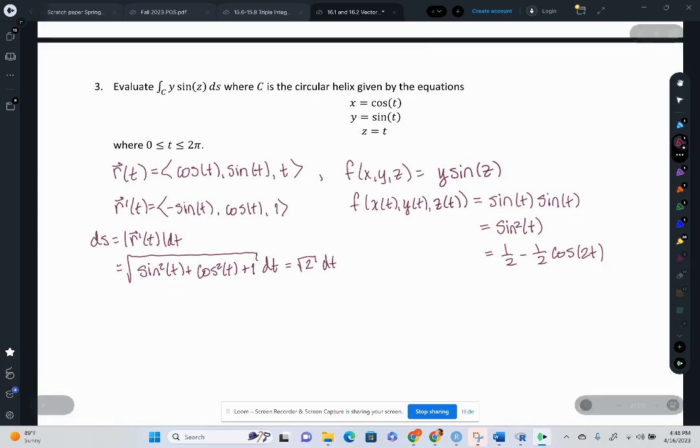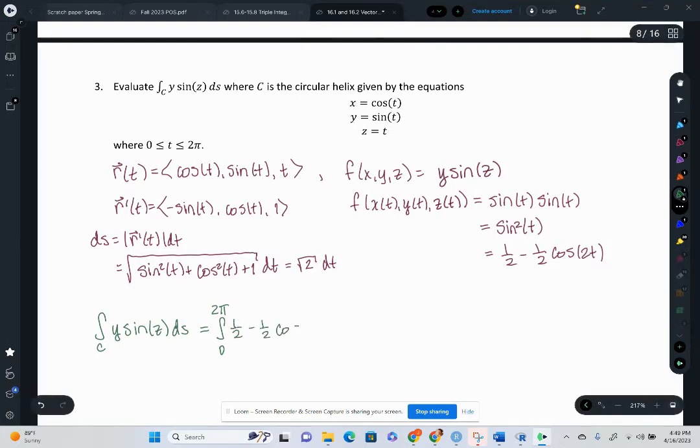So let's go to we have our line integral. We have our line integral over c of y sine of z ds is equal to the integral. They tell us the bounds are 0 to 2 pi. I found that y sine of z is sine squared of t, which we can rewrite as 1/2 minus 1/2 cosine of 2t.